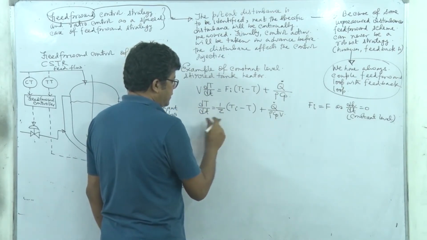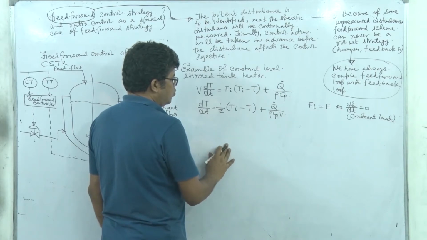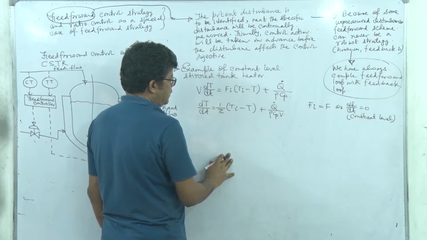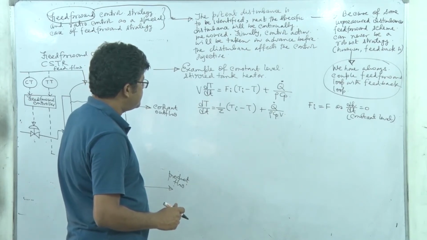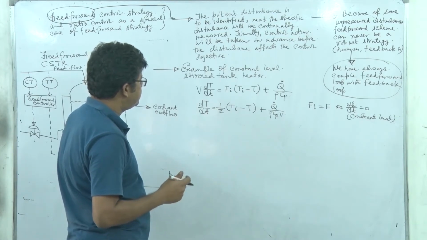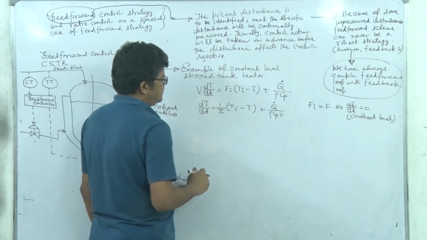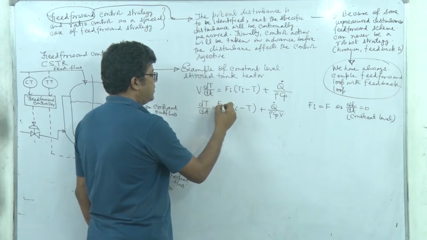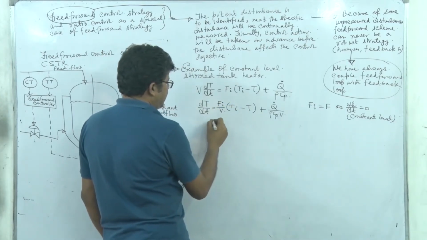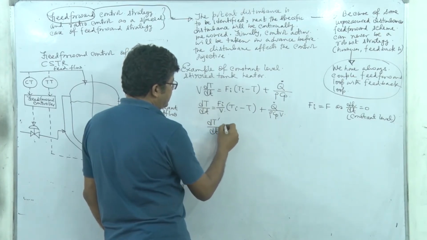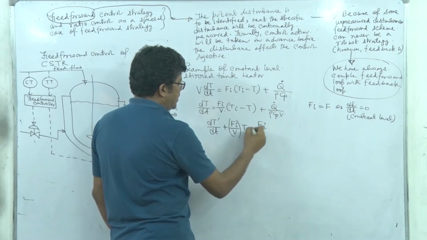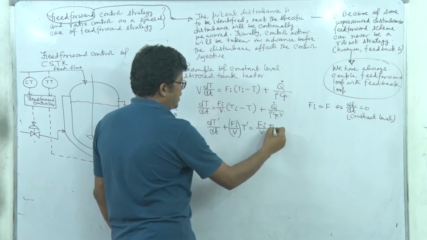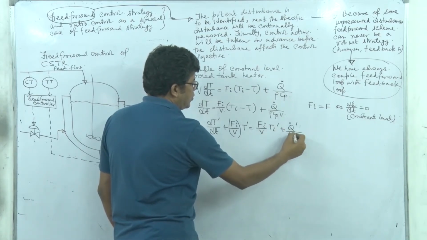Let's keep it as Fi by V. So dT prime/dt plus Fi by V, whole bracket, T is equal to Fi by V into Ti prime plus Q dot prime by rho Cp.